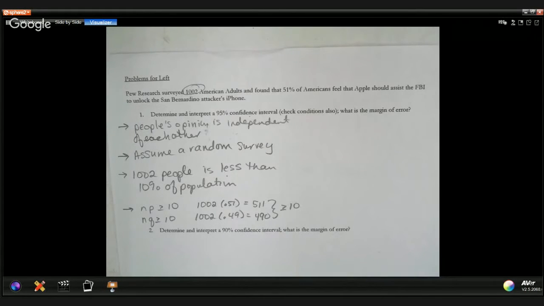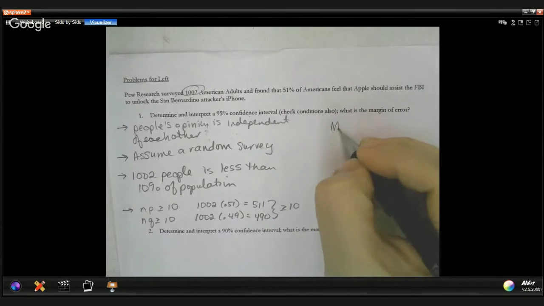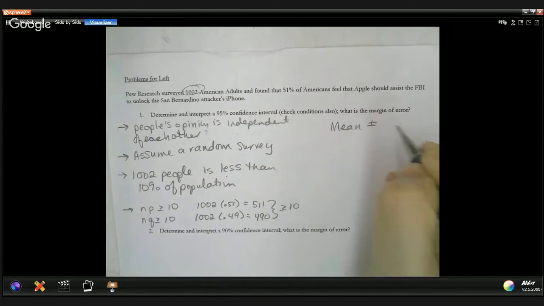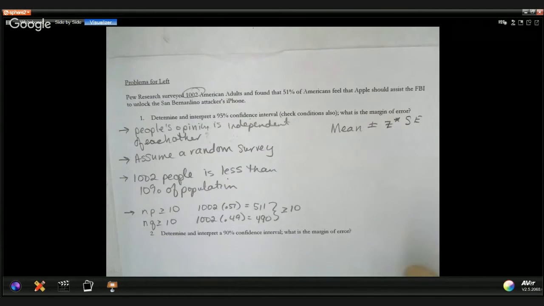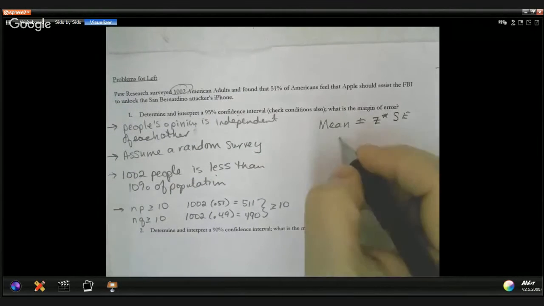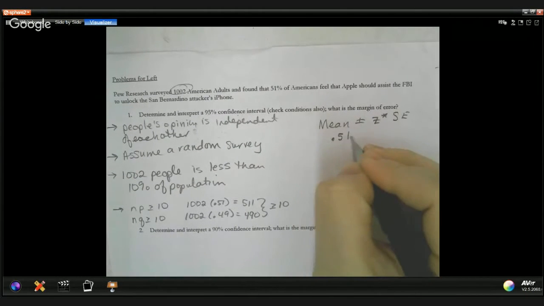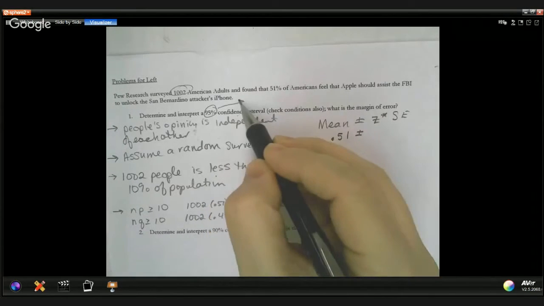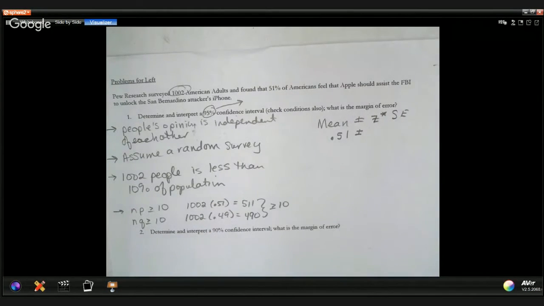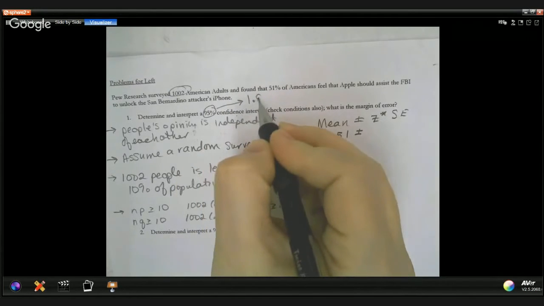Okay, so the confidence interval is the mean plus or minus the critical times the standard error. Our mean is our P, and for this it is 51%, so 0.51. Plus or minus our critical. Well, remember our critical for 95%, we're using 1.96.